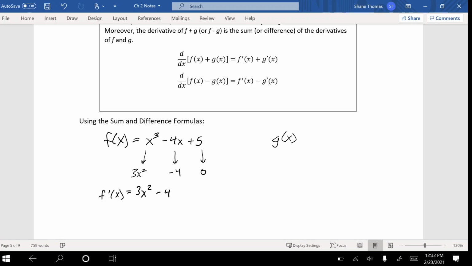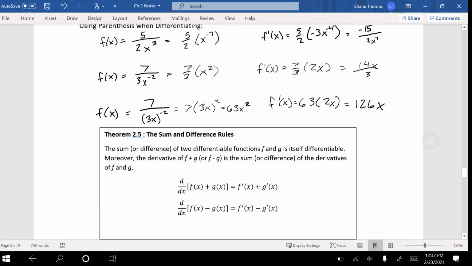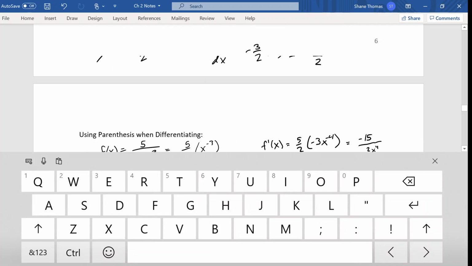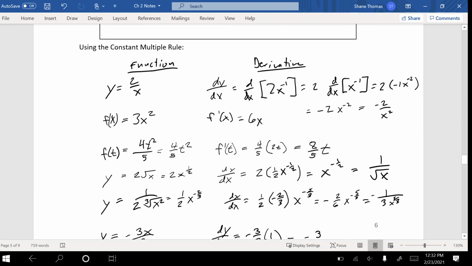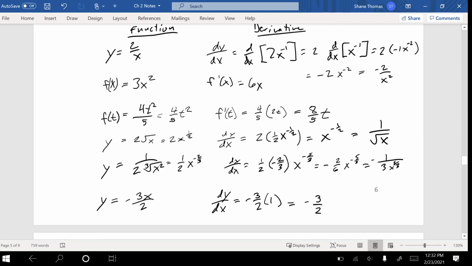We'll stop there. So g of x equals negative x to the 4th over 2 plus 3x to the 3rd minus 2x. And we were doing these, with the parentheses and the constant multiplier rule and those types of things.